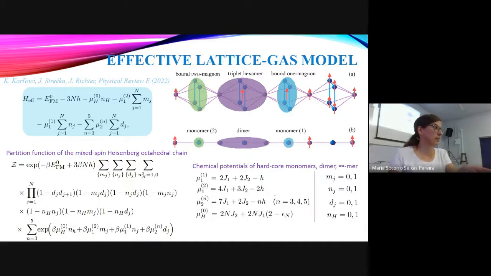The partition function also has projection operators, which forbid double occupancy with more than one particle on, for example, a square plaquette.